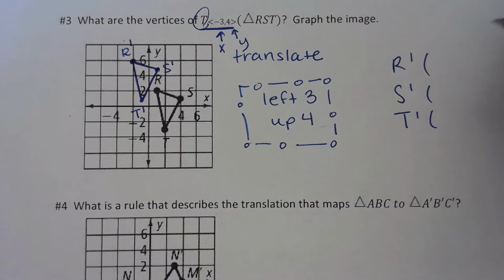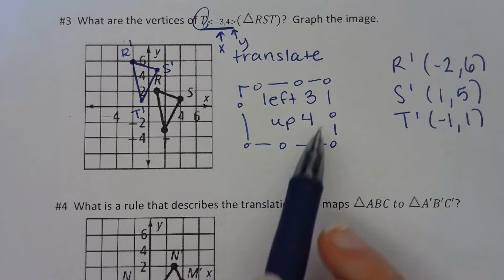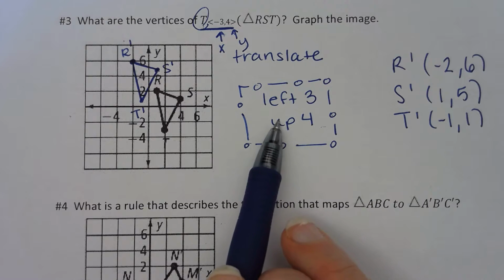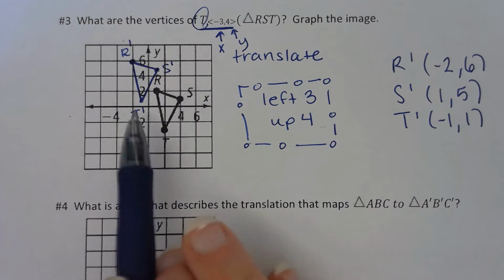R prime is now at -2, 6. S prime is at +1, 5. And T prime is at -1, +1. Now a lot of you guys will choose to do this type of transformation to figure out what it's telling you in directions. Follow the directions physically on here.